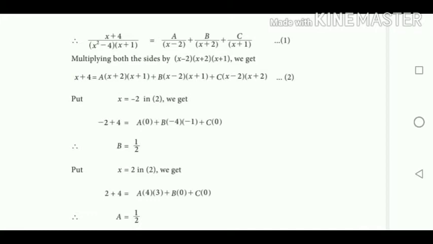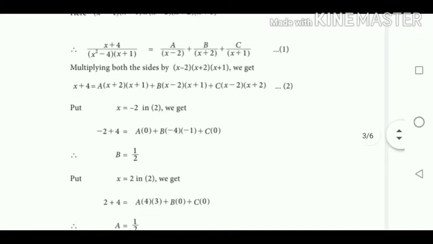Now listen here, a into x plus 2. If you put x equals minus 2, the value of a becomes 0. Not only a, c also becomes 0, because in c also the x plus 2 term is there, and in a also the x plus 2 term is there. So put x equal to minus 2, and the a value becomes 0, c value becomes 0. Therefore we get the value of b.